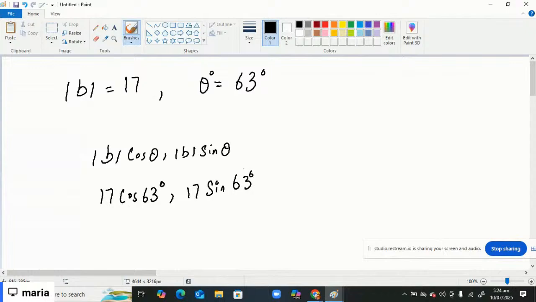So first of all, we are going to find cos 63, and times it with 17. So 7.717. Now for the sine, when we see sine 63, then times with 17, now it's 15.147.